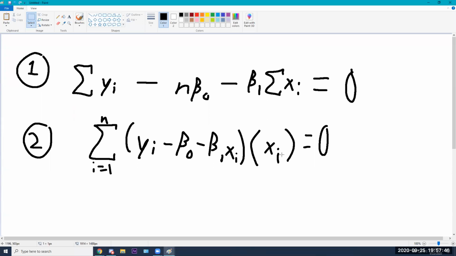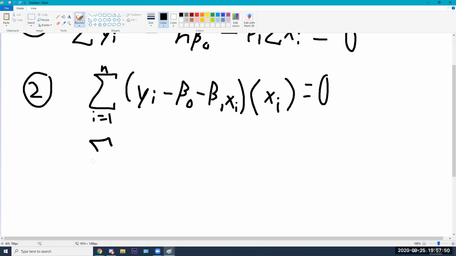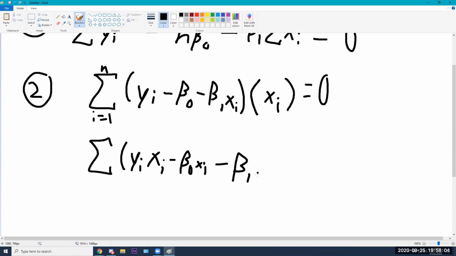So now we're going to distribute this x of i. Now we have yi xi minus beta naught xi minus beta 1 xi, except there's already an xi here, so it's xi squared.